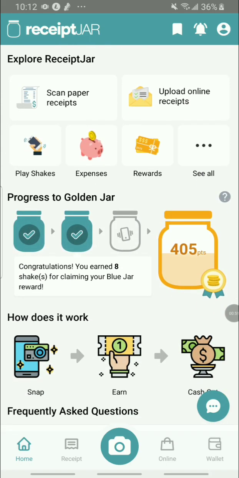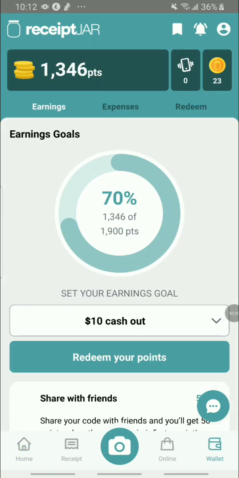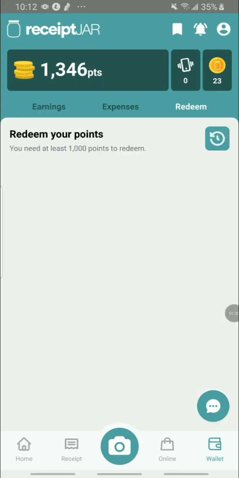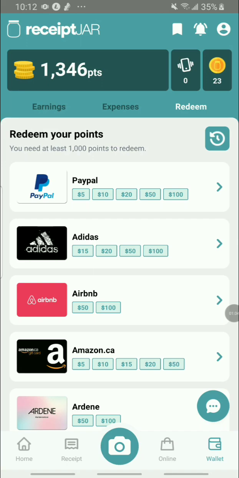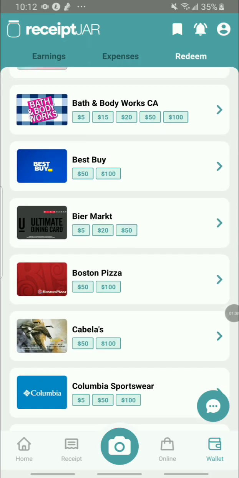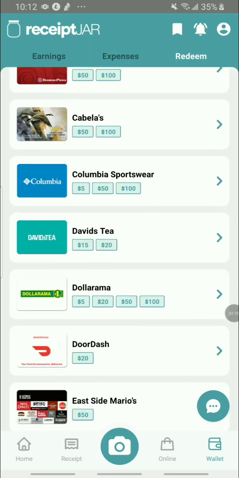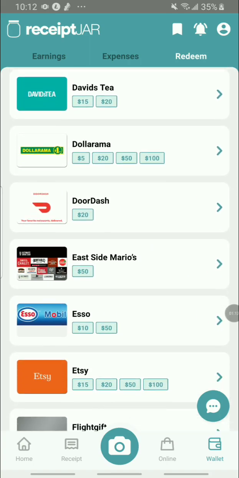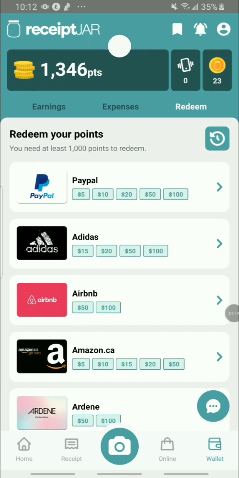Let's go over to our wallet section. After being in the wallet section, we're going to press the redeem button. You can see all that they offer when it comes to cash out methods. Of course, I'm going to choose the PayPal cash out method.